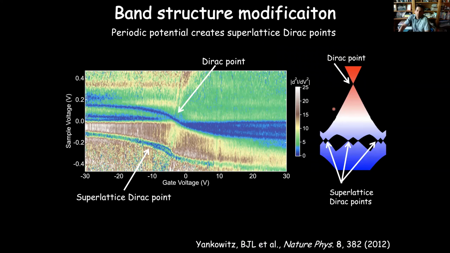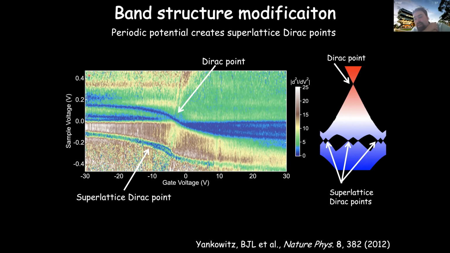No, this band would just go down here. In principle, there's another set of superlattice Dirac points in the conduction band, which are the electron version of these superlattice Dirac points. Except you don't see them here in the data, and they're generally much weaker.